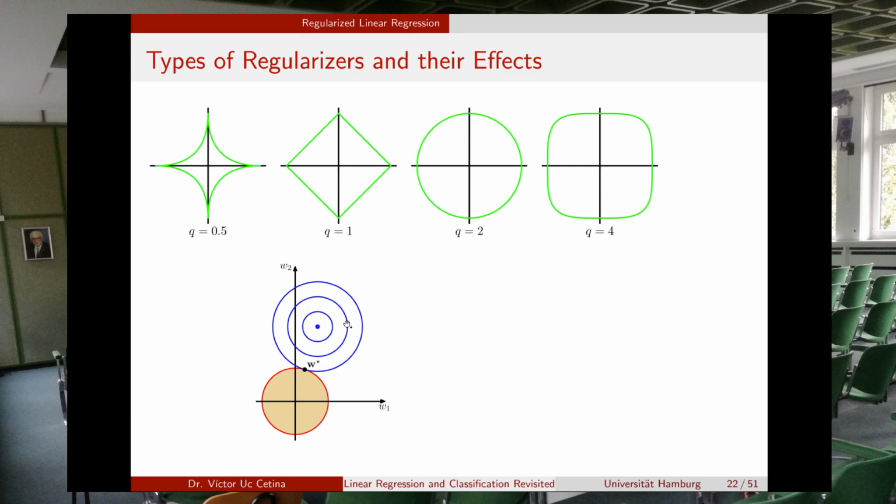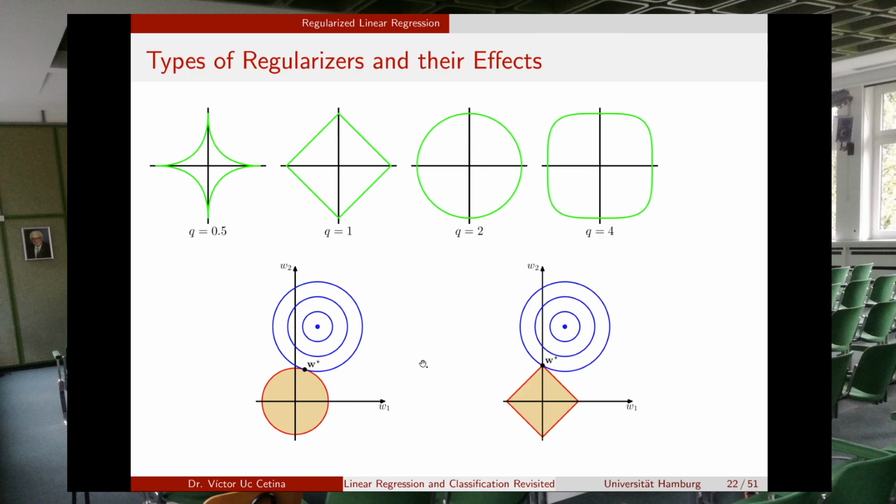If we were applying this without the regularization, then the values of the weights could take any value in this plane W1 and W2. They are unbounded. But since we are using regularization, in this case Q equals 2, these contours are attached to the border of this circle. So you can move these contours around, but they cannot go away because they are attached to this regularizer.